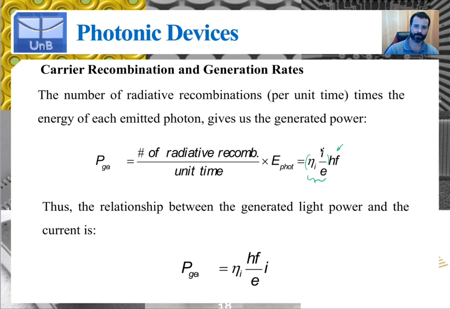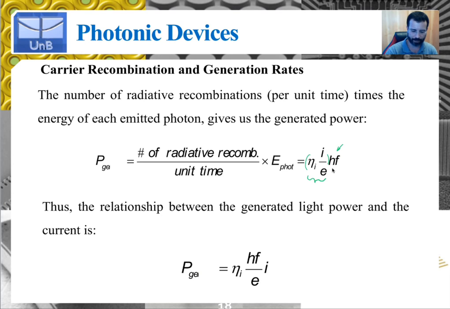And since this is the total number of radiative recombinations per unit time, this will give us the total energy per unit time, which is power. Does this make sense? So, using logic, we can derive this expression.